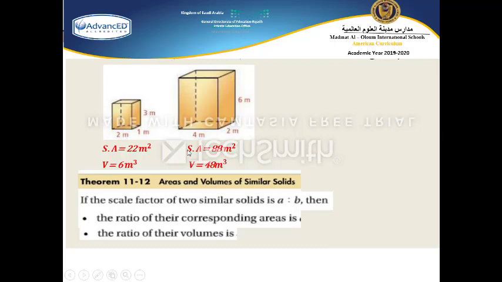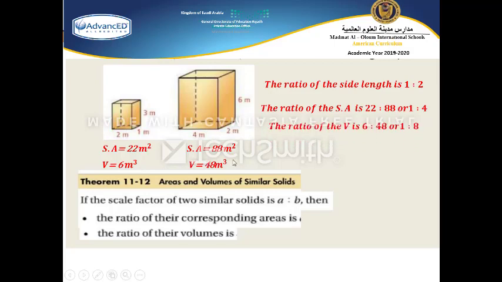Then the ratio of the side lengths, or the scale factor, is 1 to 2. Comparing their surface areas, 22 to 88, after simplifying we get 1 to 4. Comparing their volumes, 6 to 48, we get the ratio 1 to 8.